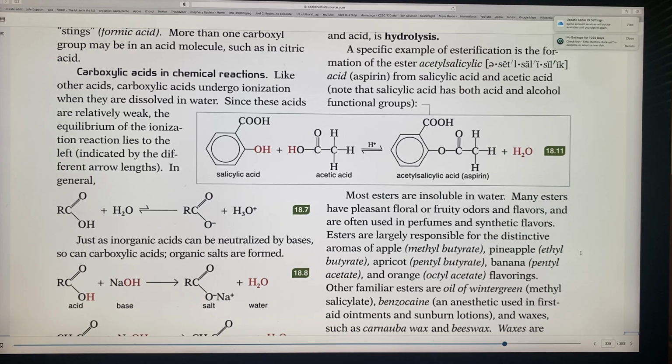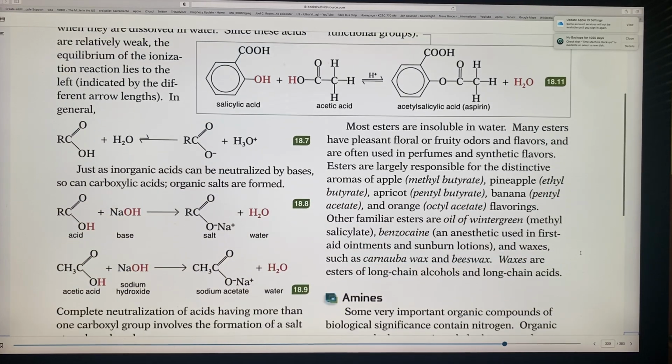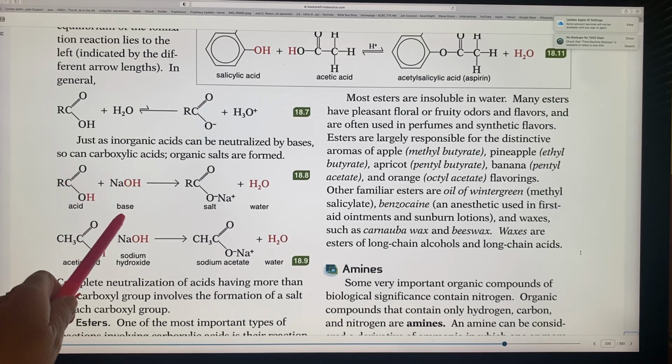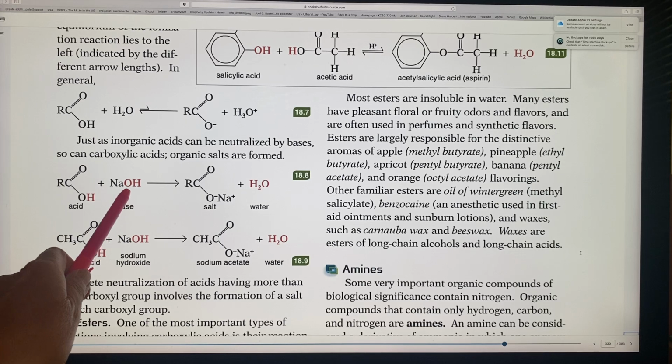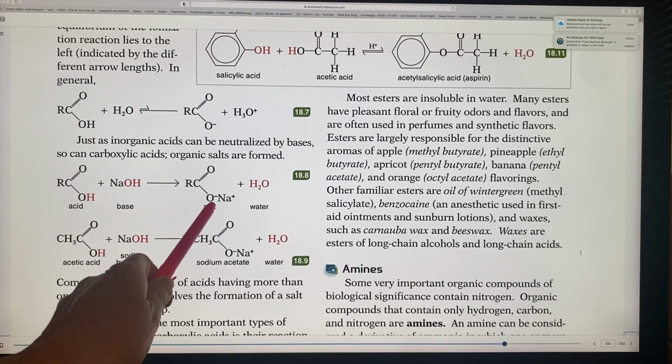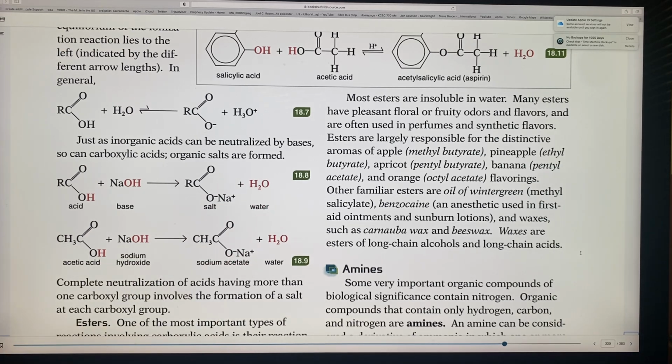And just like other acids, it can be neutralized by bases. Here we have a picture of it: this is the carboxylic acid, and it's neutralized by a base, with the OH being the base coming in, and it produces a salt and water. So remember, when an acid and a base come together, they always produce salt plus water. So those are the carboxyl groups.